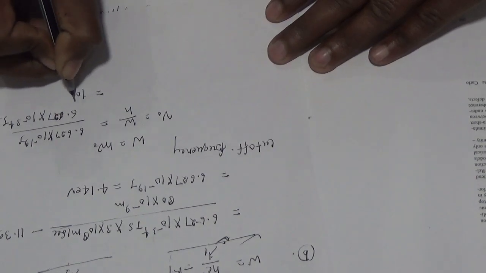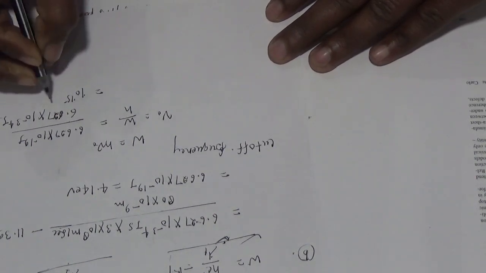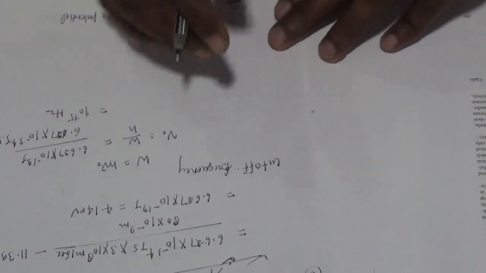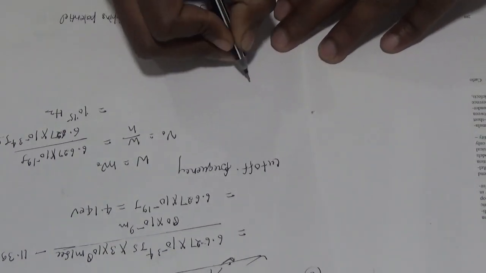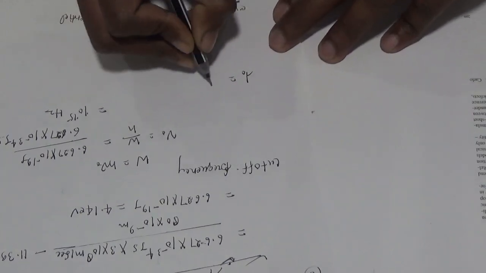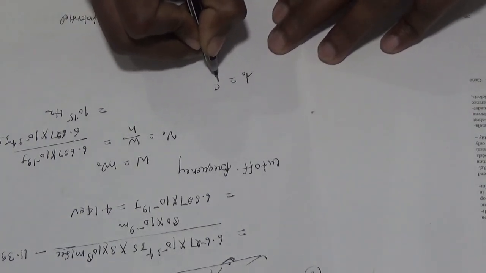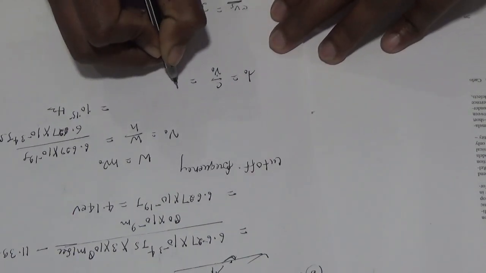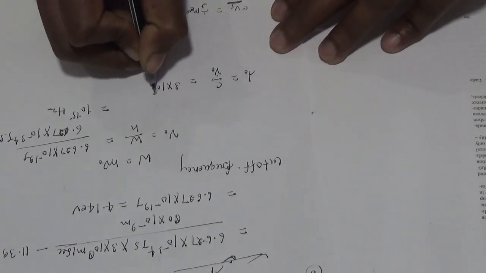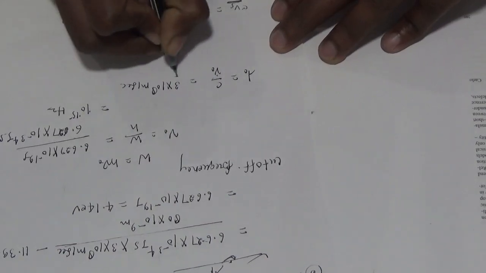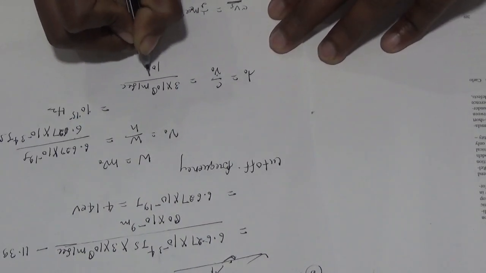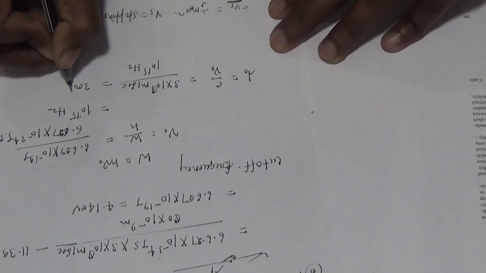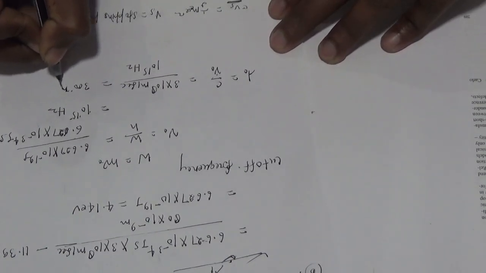After solving it, we get 10 to power 15 hertz. Next, the cutoff wavelength has been asked. With the relation lambda naught is equal to c by nu naught, which is 3 multiplied by 10 to power 8 meter per second upon 10 to power 15 hertz, we can write 300 nanometer.